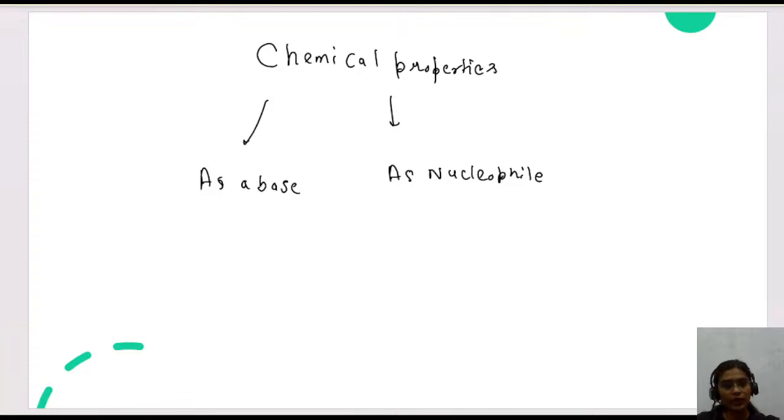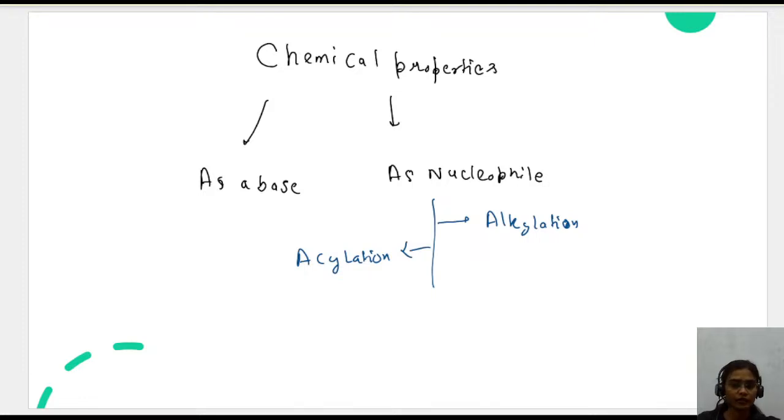In the nucleophilic part, we discussed alkylation, where all the hydrogens are replaced by alkyl groups and the process continues. Then we covered acylation, where aniline reacts with acid chlorides and anhydrides. And in the previous class, we covered the carbylamine reaction.